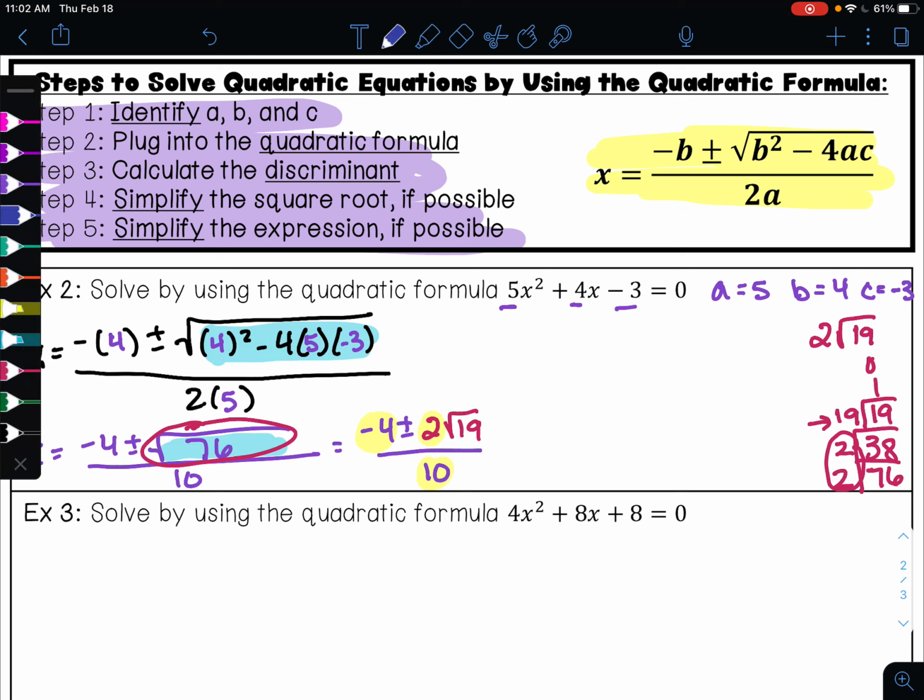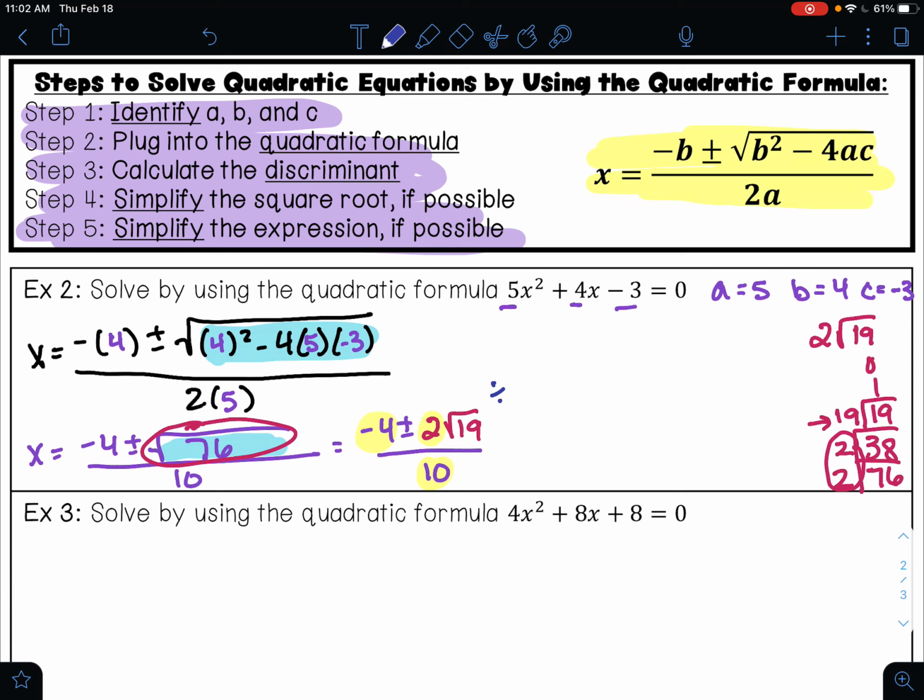So I can reduce this by dividing by 2. -4 divided by 2 is -2. 2 divided by 2 is 1. And 10 divided by 2 is 5. So my answer is -2 plus or minus 1 square root of 19 over 5.